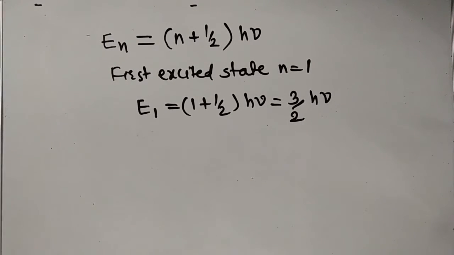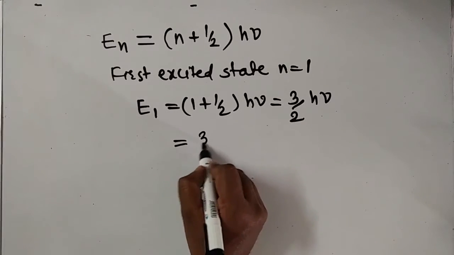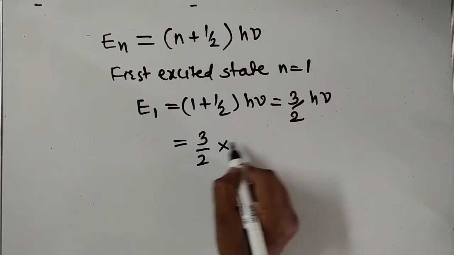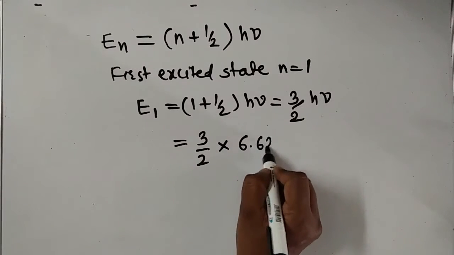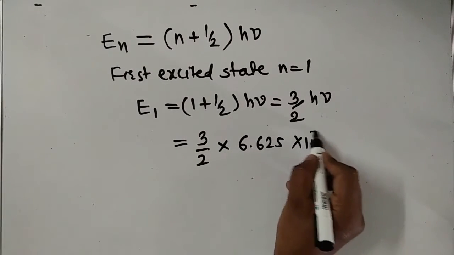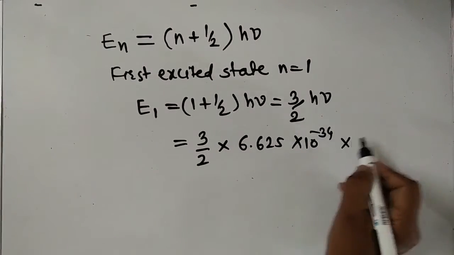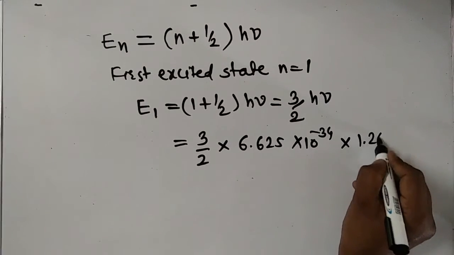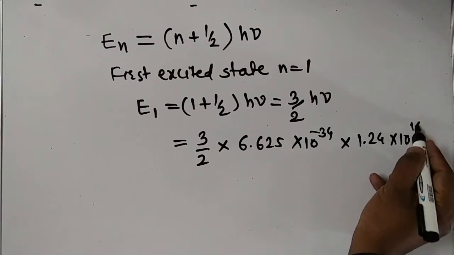And we can then calculate, it is equal to 3/2 into h, we know it is 6.625 into 10 raised to minus 34 into nu is 1.24 into 10 raised to 14, right?